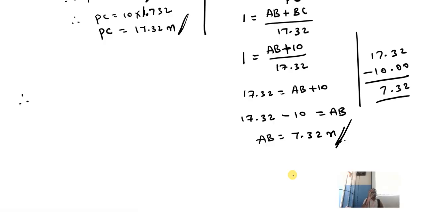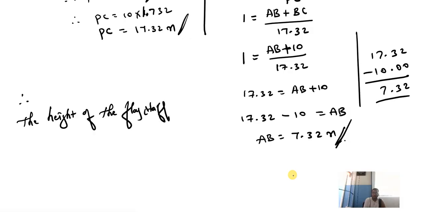Now you can comment here. Actually, they were asking us to find AB only. What is the height of the flagstaff? Am I right? So you can comment here: therefore, the height of the flagstaff is AB, no? That is, AB is equal to 7.32 meters.